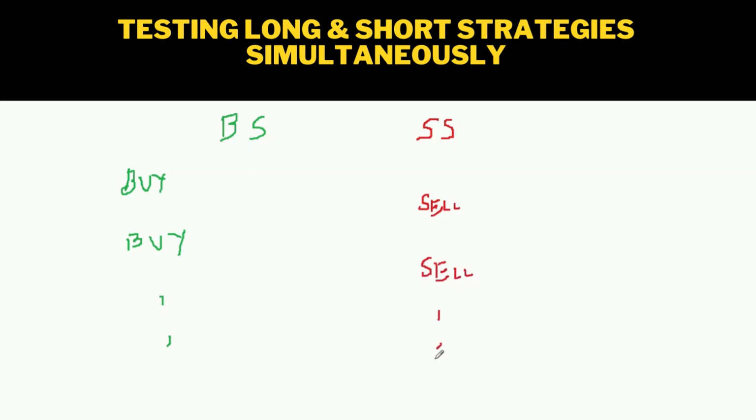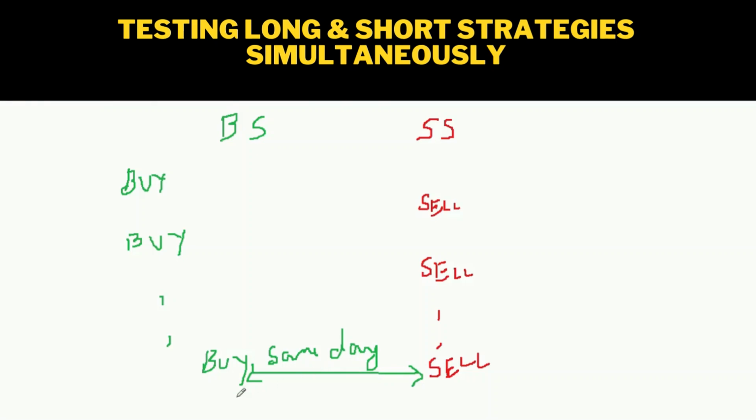Okay. But there was one instance when I got a sell signal here and I also got a buy signal here on the same day. Okay. The same day I got both buy and sell signal.